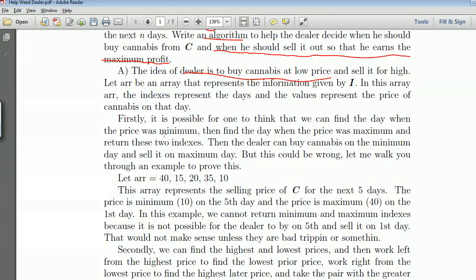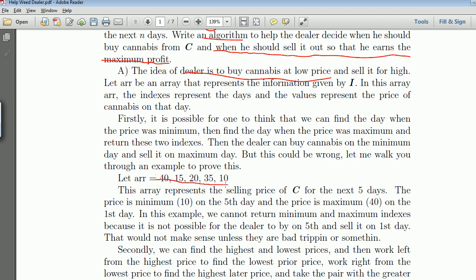Then one can think, why not the dealer buy the cannabis on the first day, on the lowest day, which is $5, and sell it when it's maximum, which is 20, on the last day. This way we can just find the minimum and the maximum and just return their indexes, right? But this is not always the scenario.